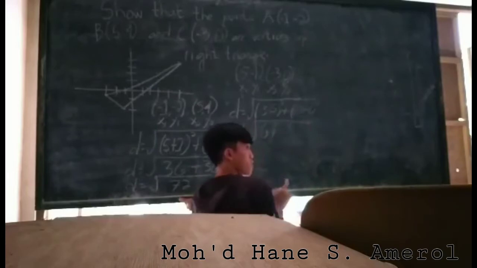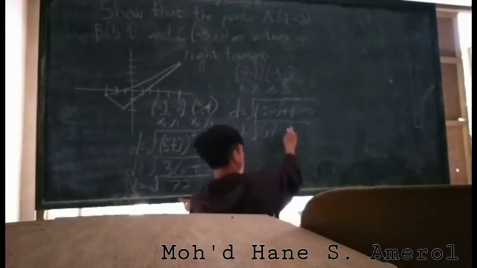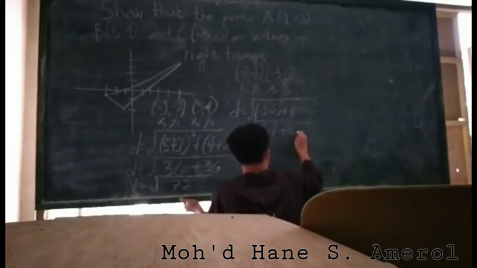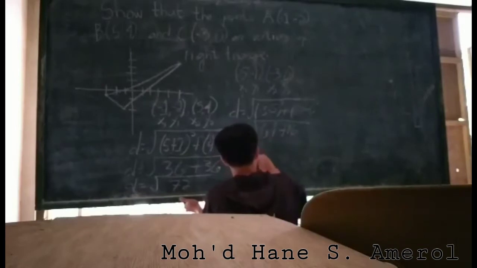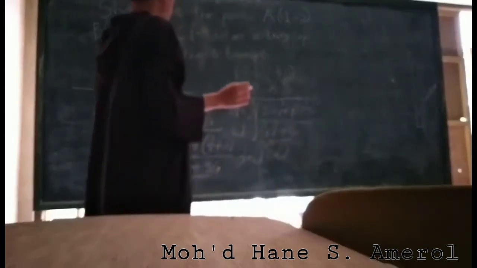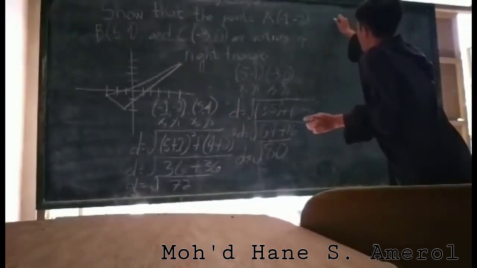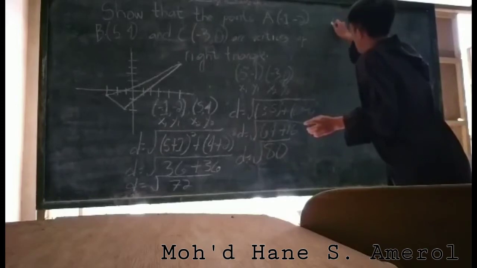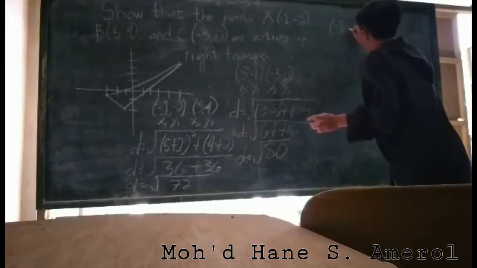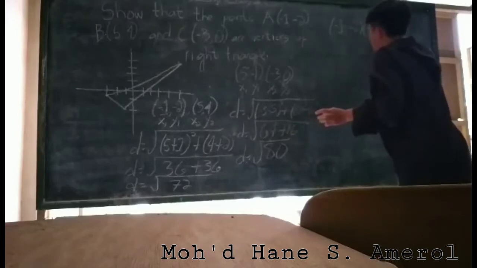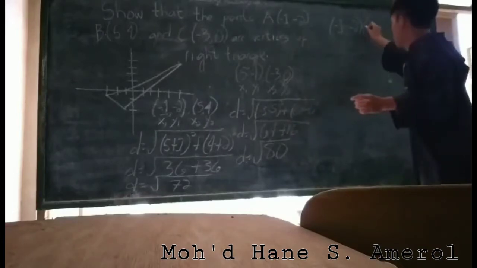Zero minus 4 squared equal to 16. The last one is negative 3 and 0. Negative 3 is 0.